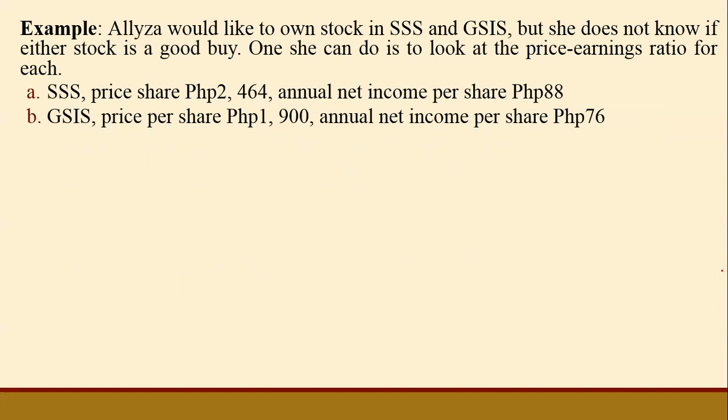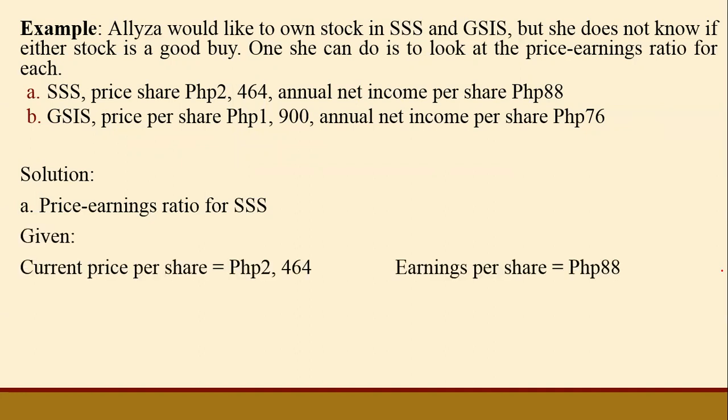For letter A, SSS price per share is 2,464 pesos. Annual net income per share is 88 pesos. For GSIS, letter B, price per share is 1,900 pesos. Annual net income per share is 76 pesos. We're going to use the formula for the price earnings ratio for SSS with the given current price per share and earnings per share.